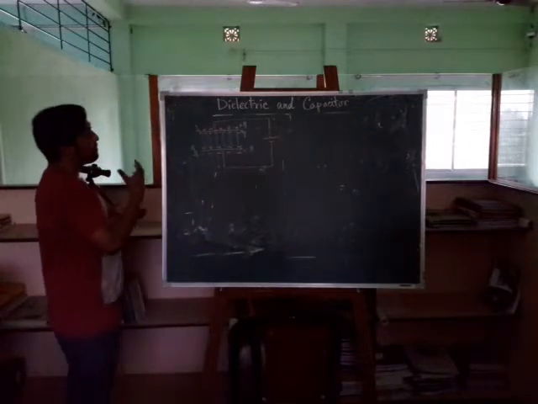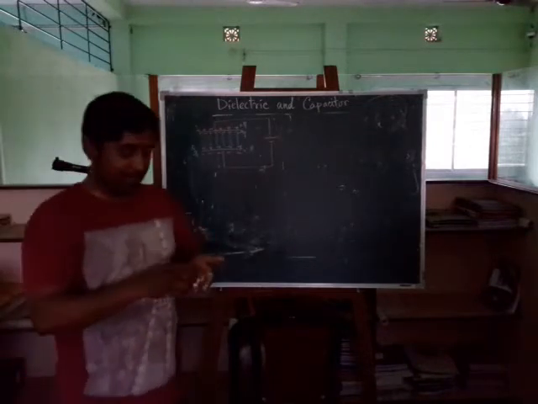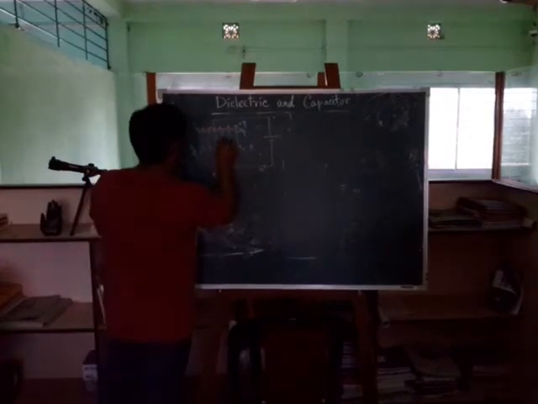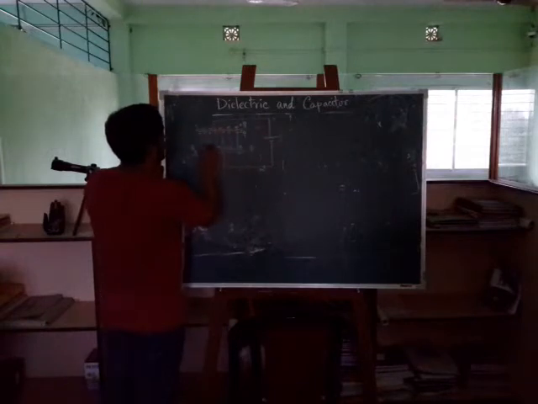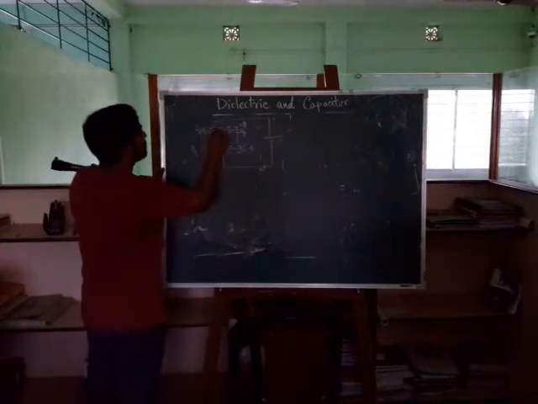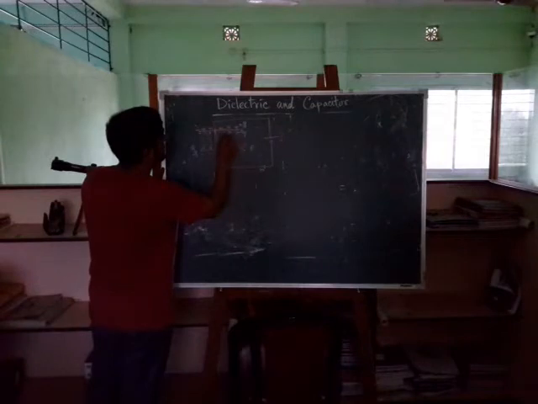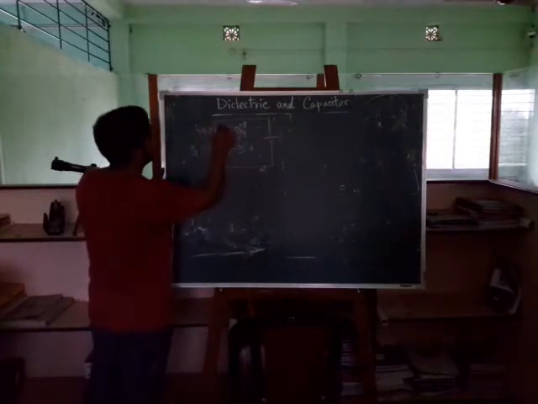Now if we apply the Gauss theorem here, suppose you want to find out the electric field at some point here, what do we do? Looking at the symmetry, remember that this is actually a plate, we can draw one imaginary Gaussian surface like that.